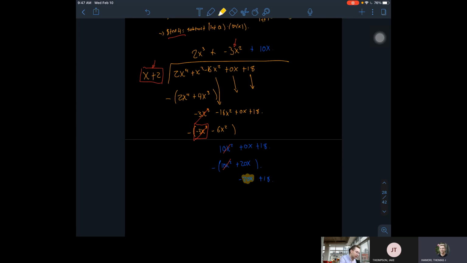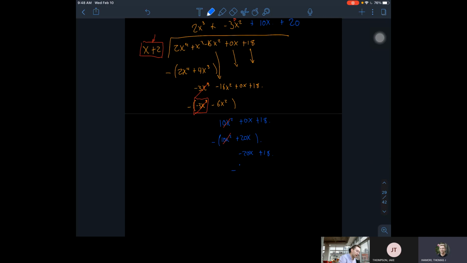So I'll be left with just negative 20x plus 18. And now these still have the same power degree, so I can do one more. I want to find the number such that when I multiply it times x and subtract it from negative 20x, I get 0. So it should be, well, let's try 20. I will subtract 20x plus 18.